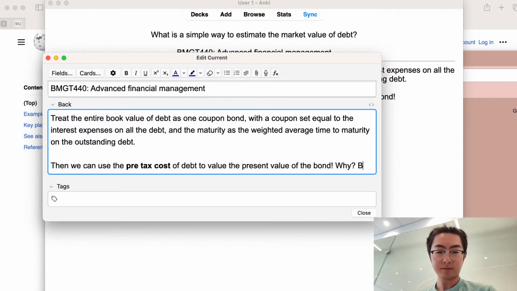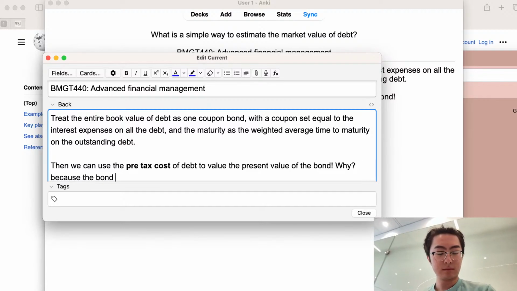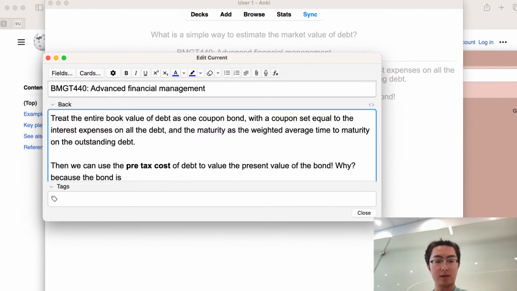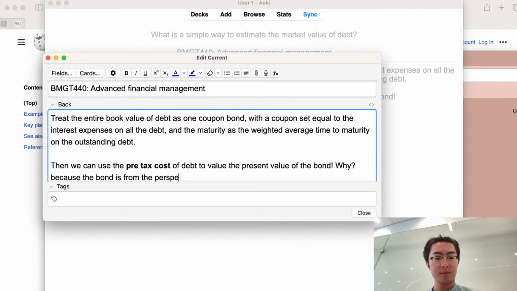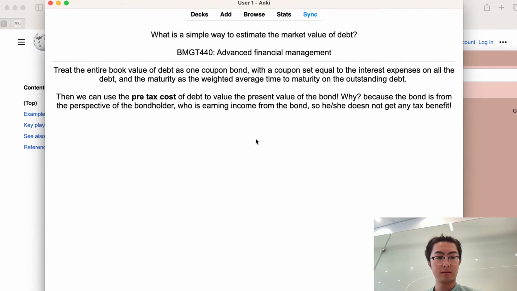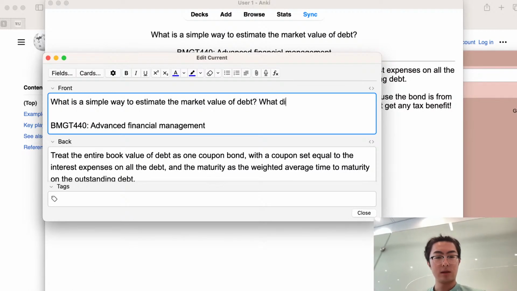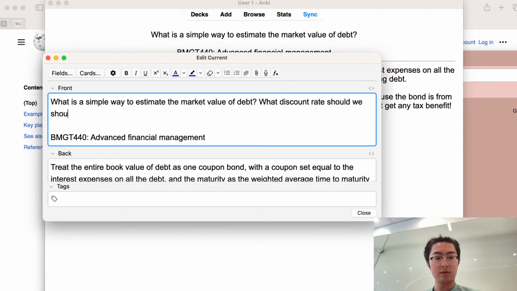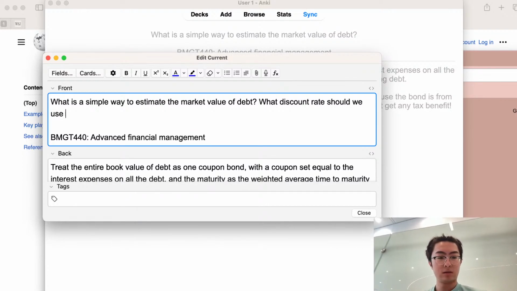Because this is the perspective of the bondholder who is earning income from the bond, so she does not get any tax benefits. Discount rate should we use pre-tax or after tax?